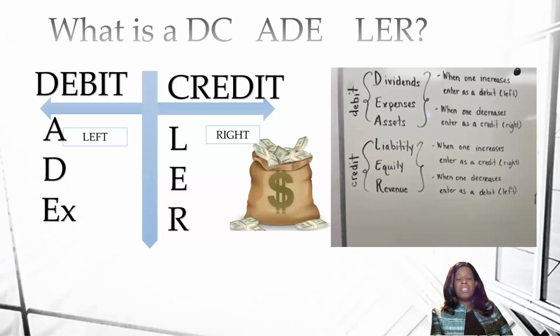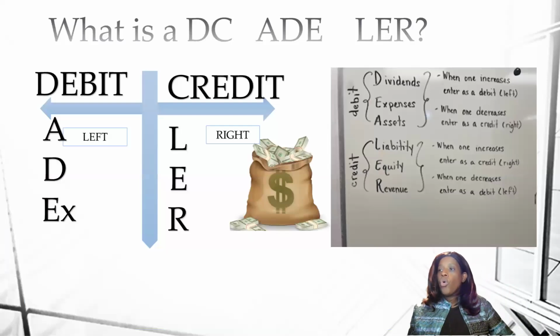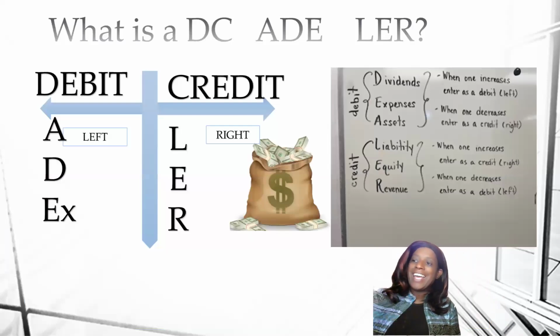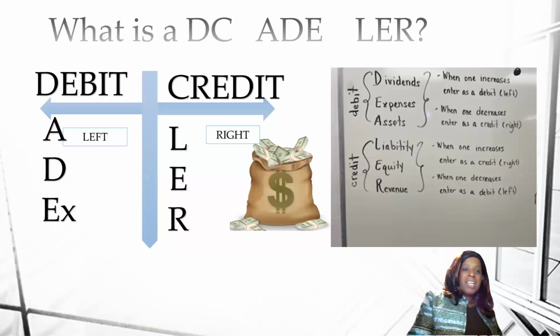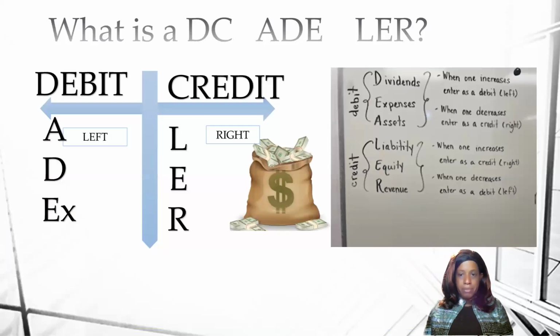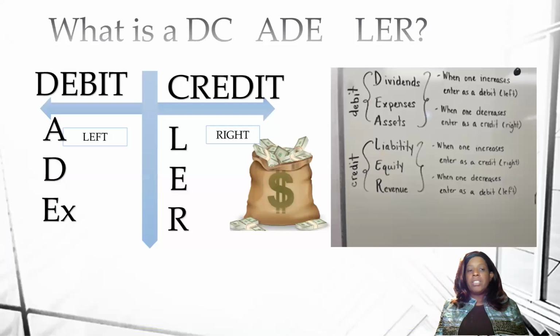So debit, what goes on the debit side? ADE. Put all the accounts on the credit side, LER. So in this acronym, we have 2 categories: assets and expenses. Assets and expenses, they increase with a debit, right?